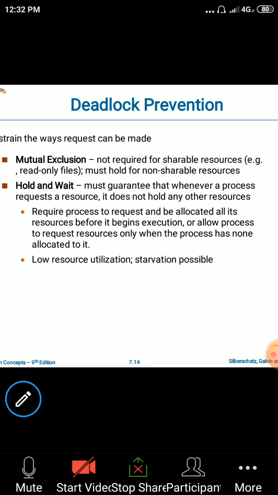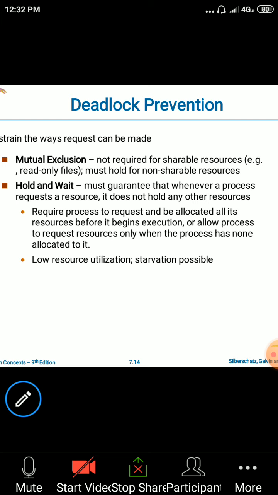Because whenever the process requests the resource, it is always held by some other process, hence the requested process will never get the chance for execution, and that leads to starvation. Understood?